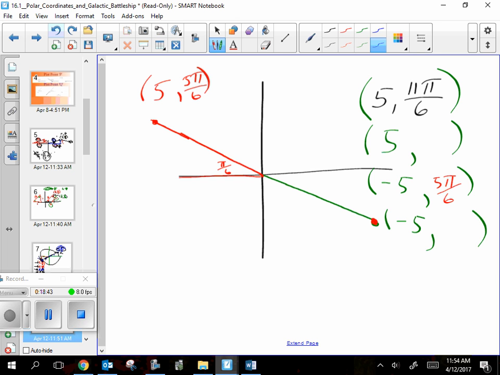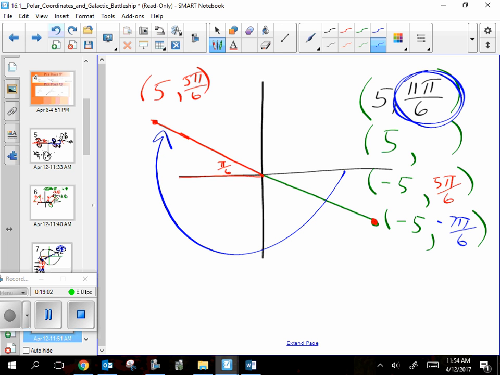And then another way to get here would have been to say that way, which would have been -7 pi over 6. And then the last way I haven't got yet is just another way to write this, 11 pi over 6, except with a negative, which would be negative pi over 6.